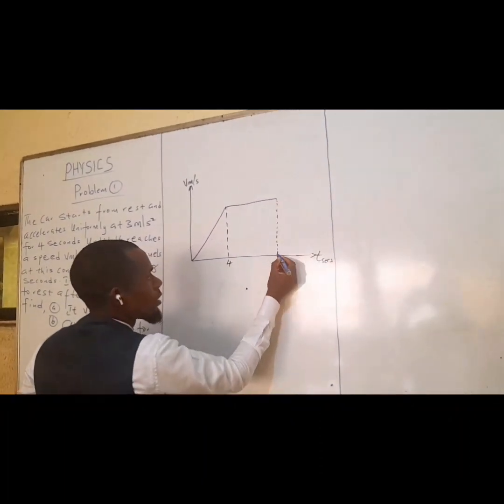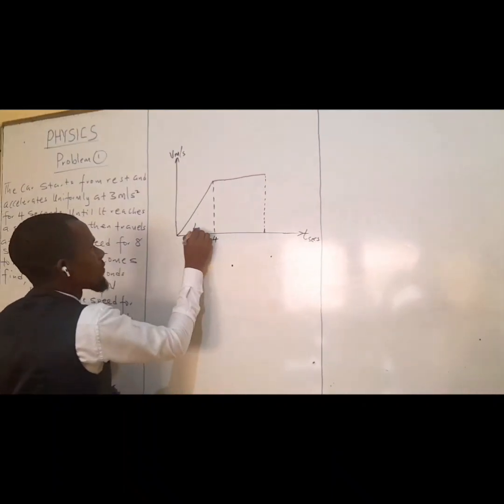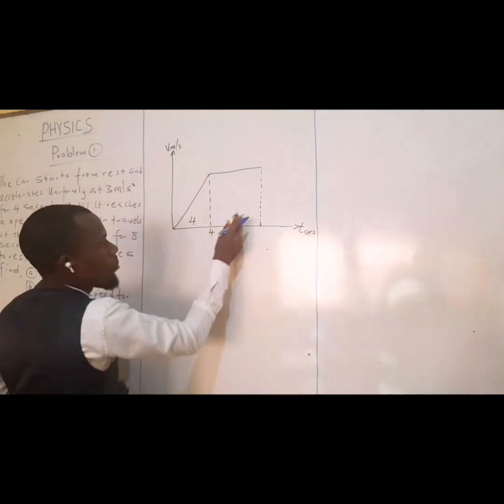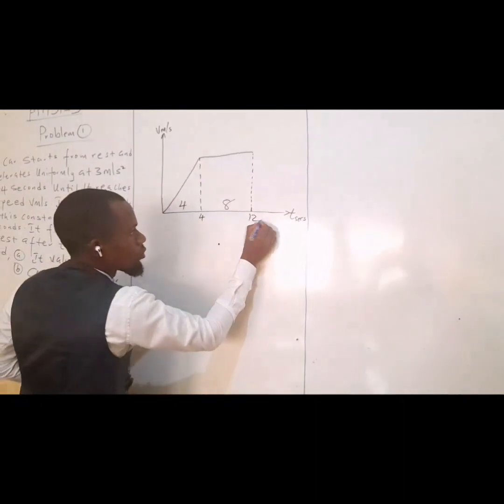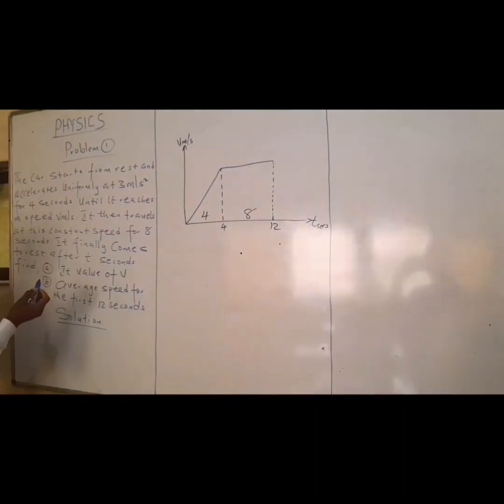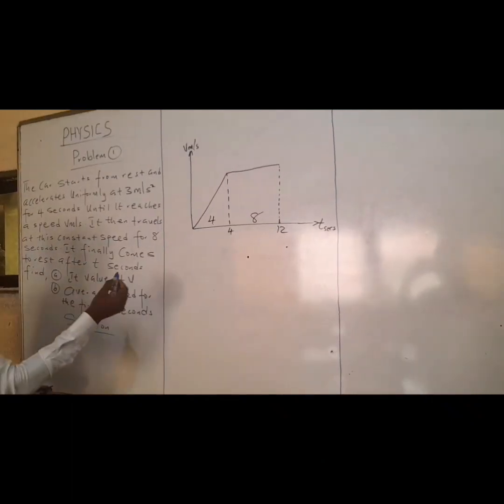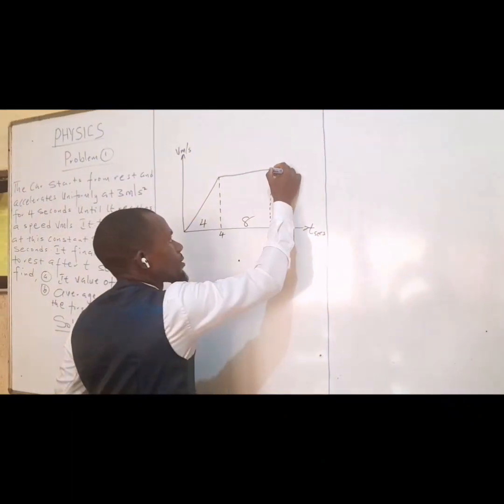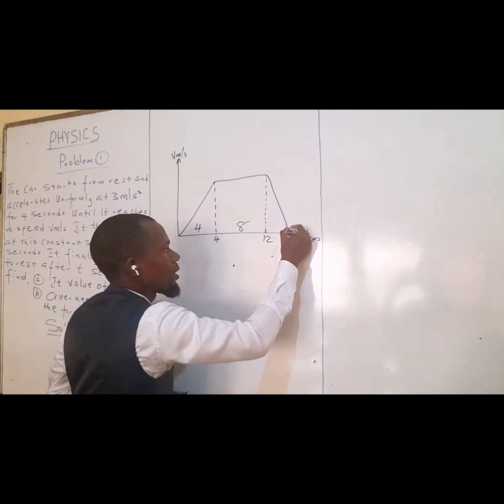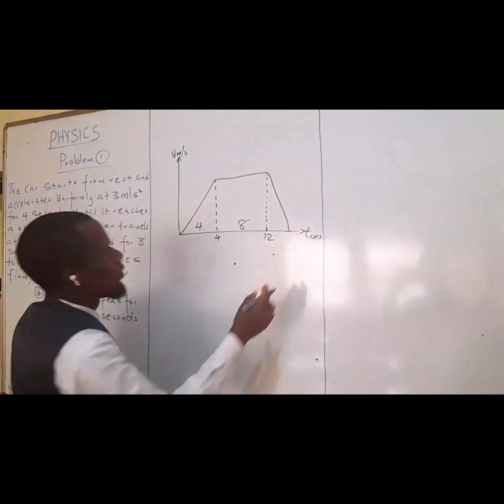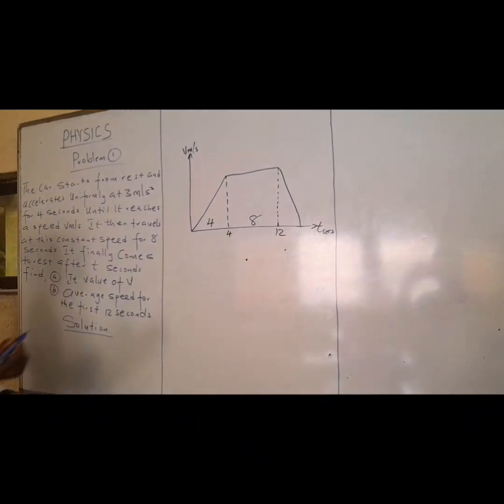That means here is 8, here is 4, here is 8. 4 plus 8, I'll now have 12. So it finally comes to rest after t seconds. Finally comes to rest. So this is the diagram for it.